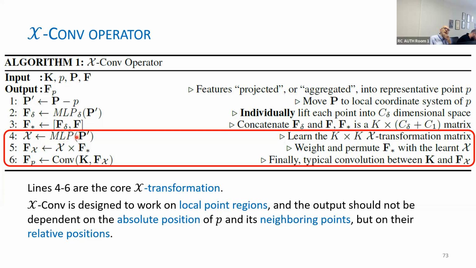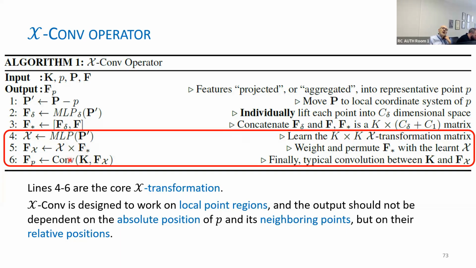Then we have this MLP, which is applied to this set of transformed points, and this operator learns a K-by-K transformation matrix, which is then applied to the feature vector. At the end we have the feature vector transformed according to the kernel that we have learned.